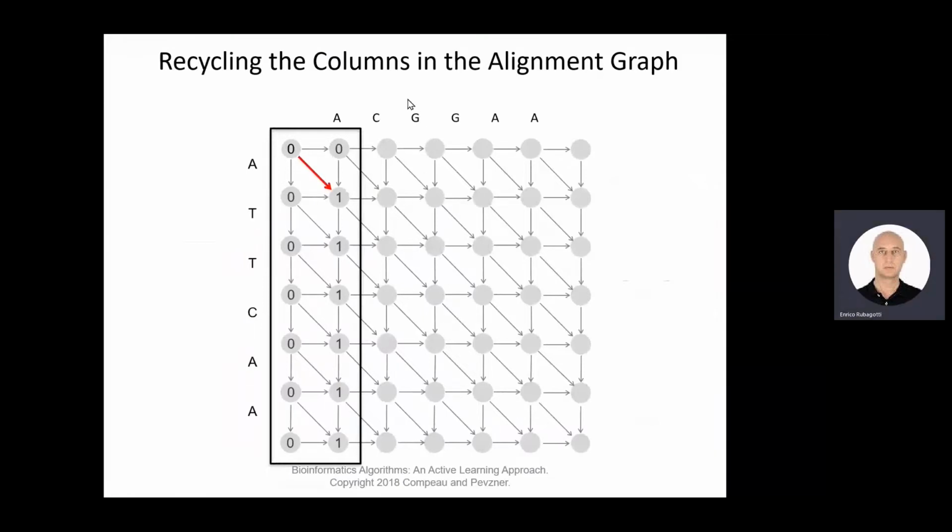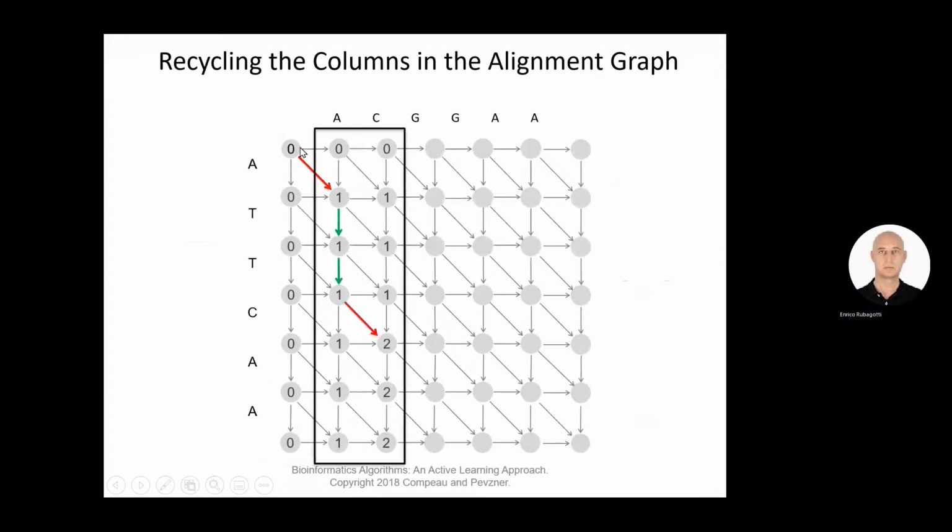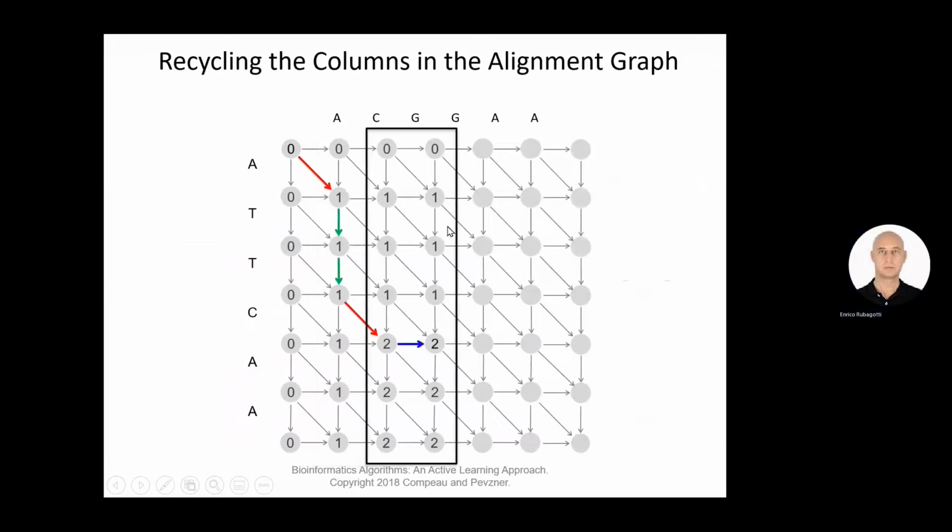I'm going to store only the leftmost column. I start in this way. Now, to calculate this column, I need only the leftmost one, this one. The same thing, to calculate this column, I need only the leftmost one. I'm not going to store any of this data.